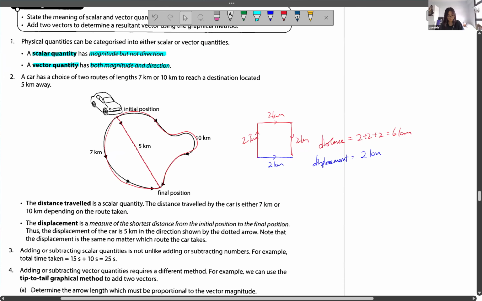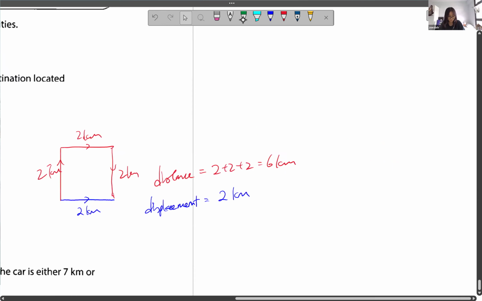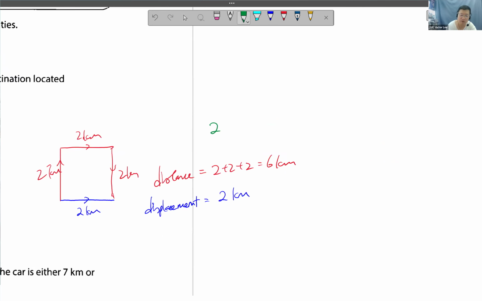Then speed. Let's say it takes 2 hours to travel. Then what is my speed? My speed equals 6 over 2, 3 km per hour, right? But my velocity is displacement over time, equal to 2 over 2, equal to 1 km per hour.